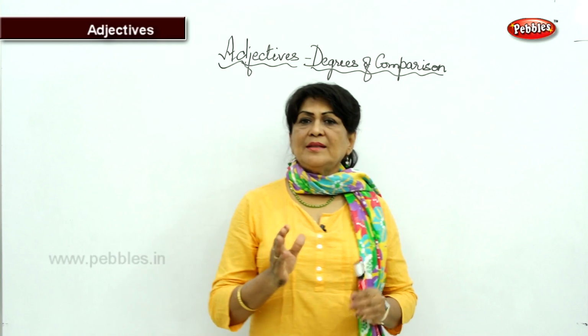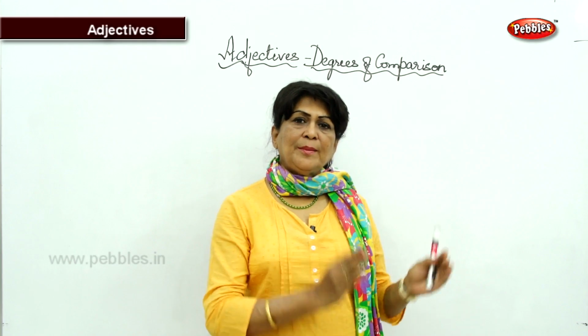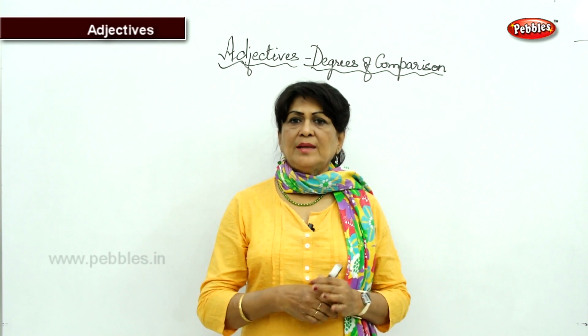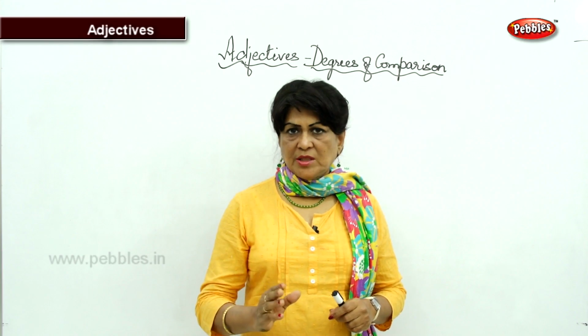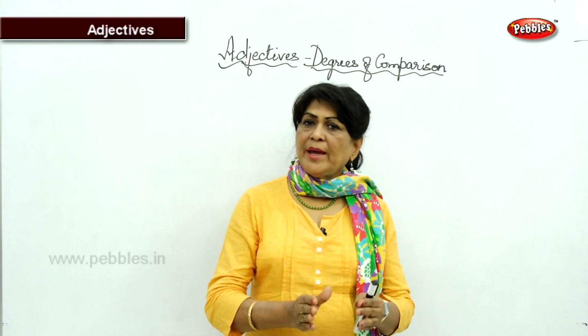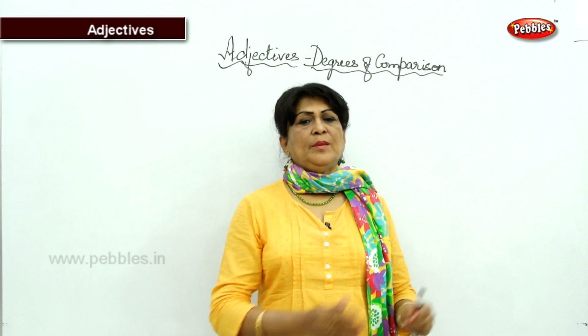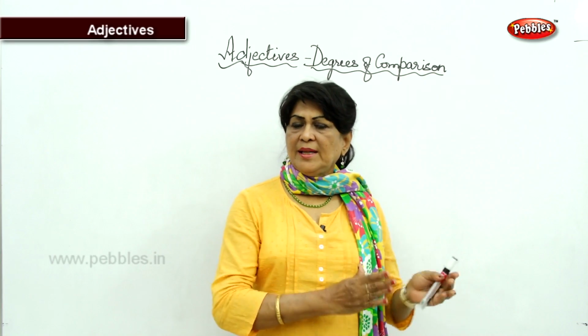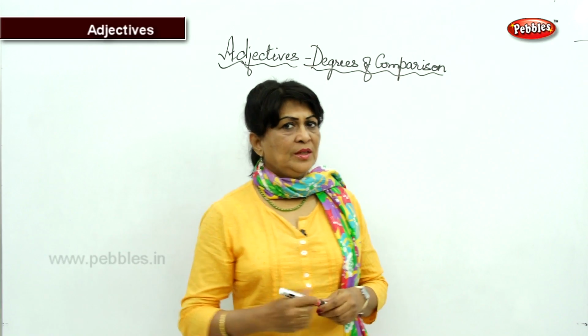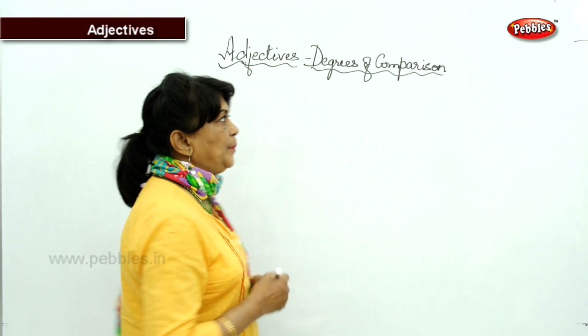So these have a different way of forming comparative and superlative. Adjectives which have one syllable will form their comparative and superlative by adding er and est. These are the rules of the formation of different degrees of comparison.